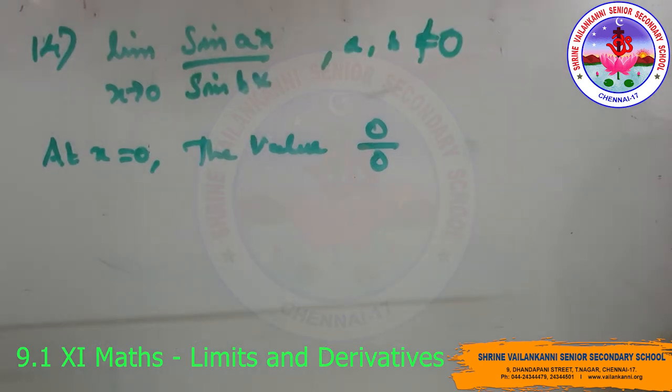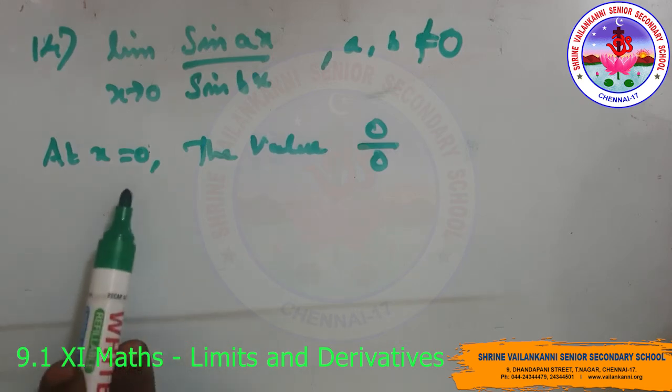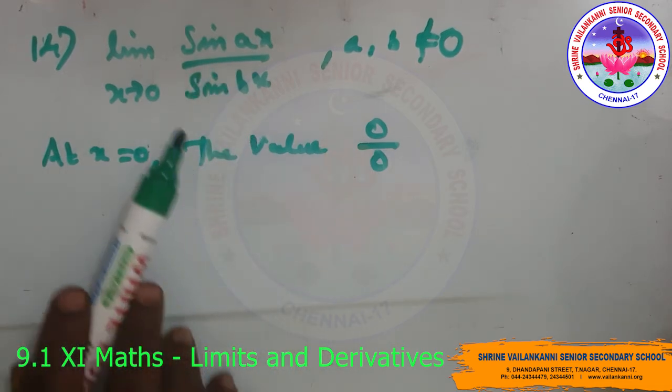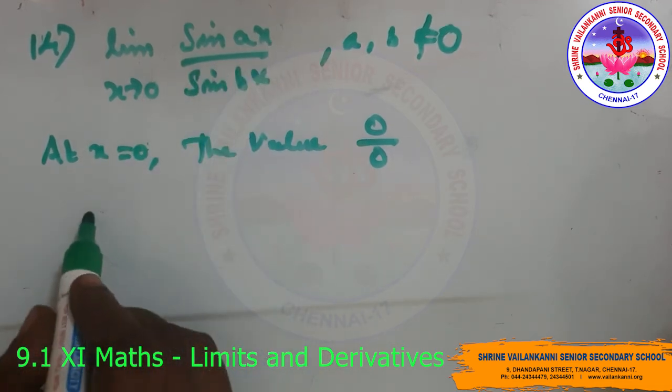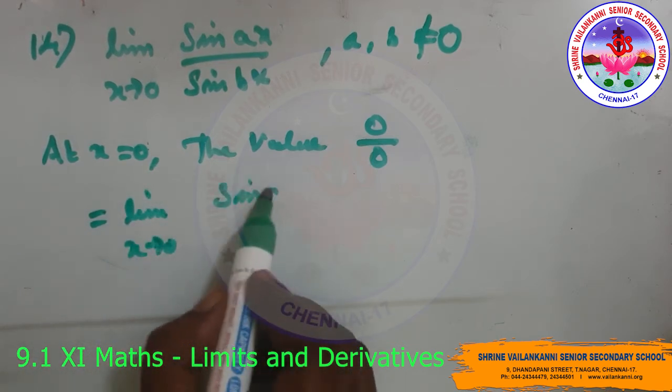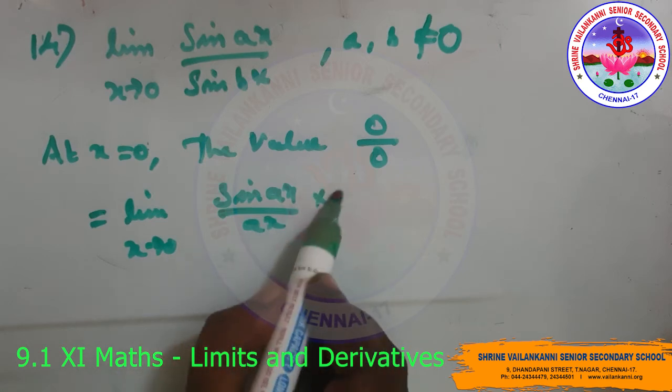14th one, evaluate the given limit. Limit x tends to 0 sin ax by sin bx, ab not equal to 0. At x equal to 0, the value of the function takes the form 0 by 0. We can write this as limit x tends to 0 sin ax by ax into ax.